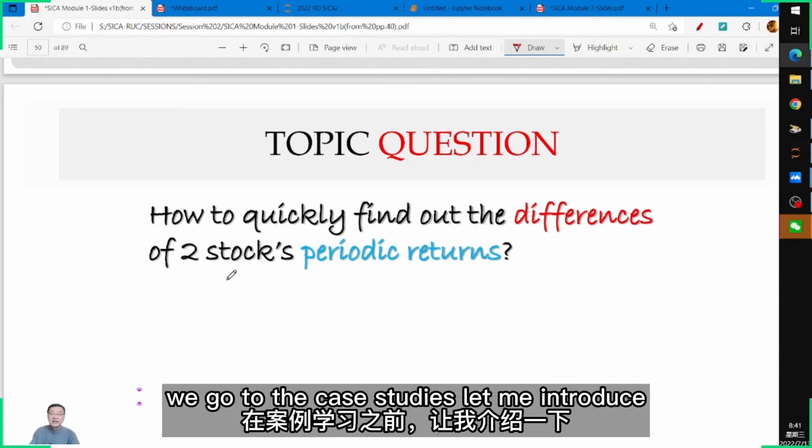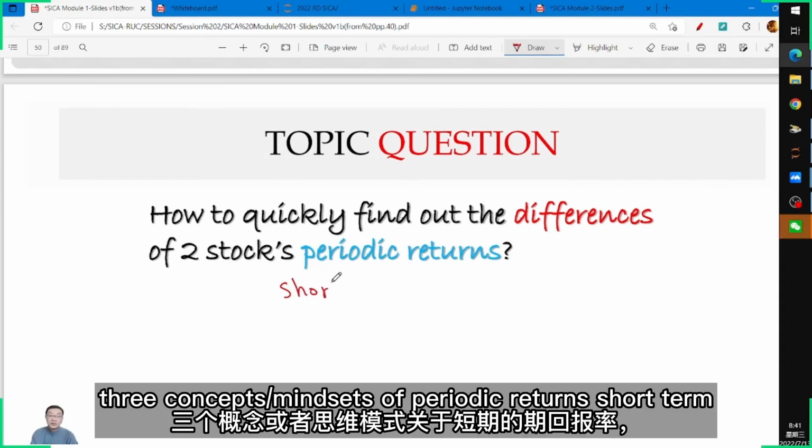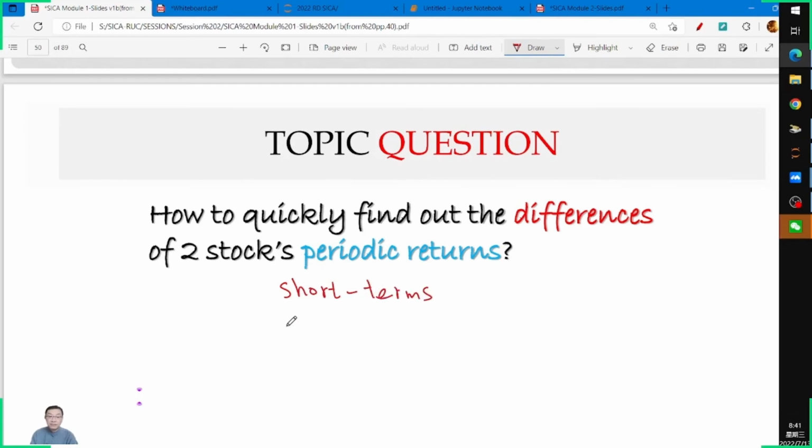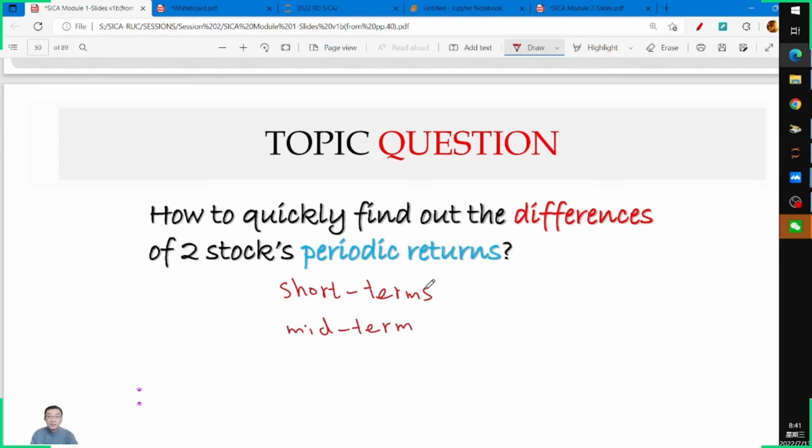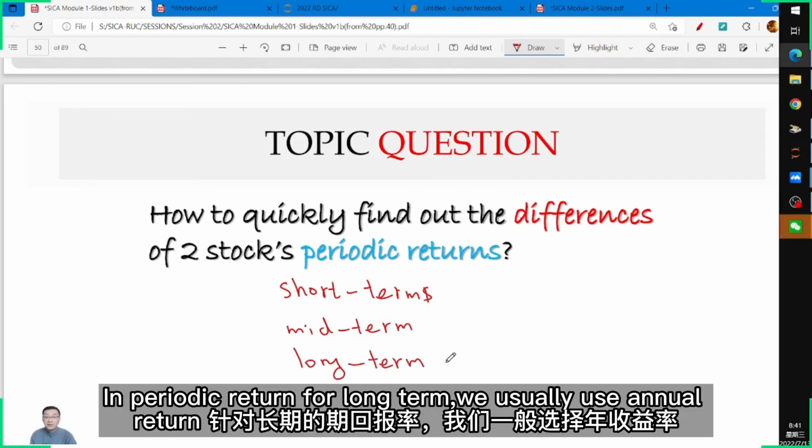Before we go to the case studies, let me introduce three concepts or three mindsets of periodic returns: short-term, mid-term, and long-term. In periodic return for long-term, we usually use annual return.